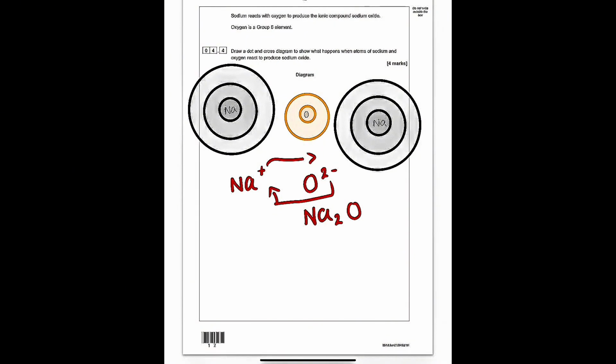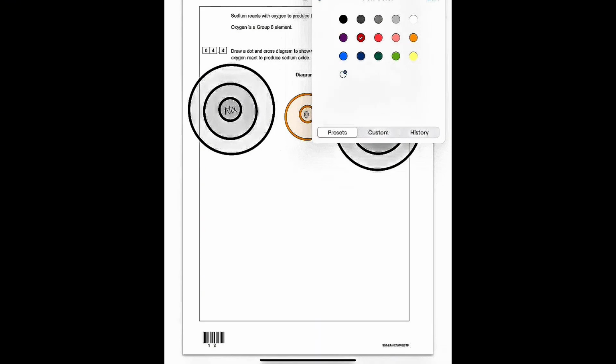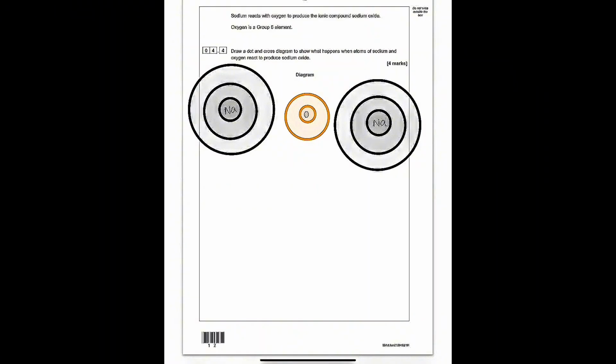So now we have established why we have 2 atoms of sodium and 1 for oxygen, we need to draw the dot and cross diagram. So I'm just going to get rid of this over here. Okay, so I know that sodium has a total of 11 electrons. So what I'm going to do is draw the electrons on the shells.